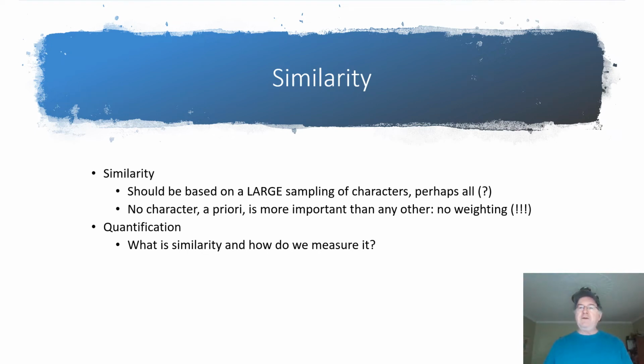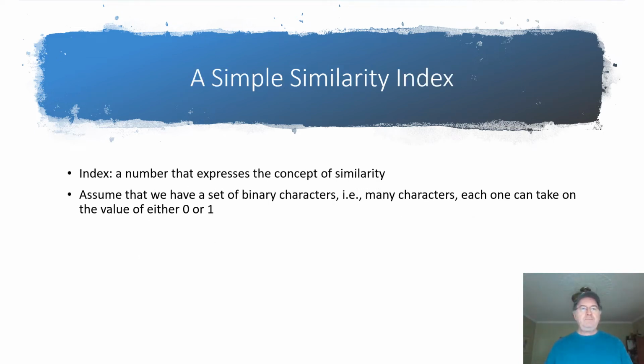So let's take a look a little bit more closely at what we could mean by similarity. I want to walk through the steps of constructing a very simple similarity index, such that I can, in a single number, express how similar one species is to another species.